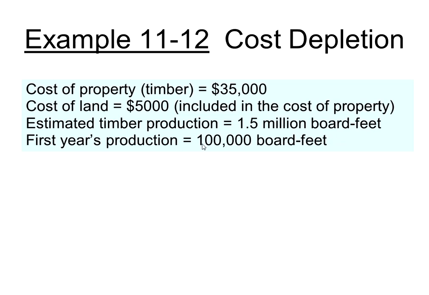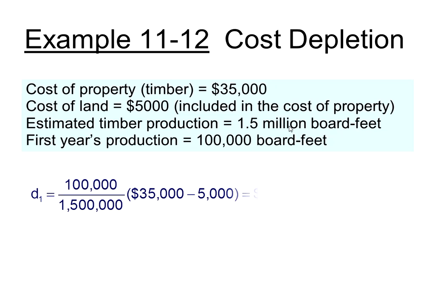First year production is 100,000 feet, and the total production is 1.5 million. So we're going to divide 100,000 by 1.5 million.